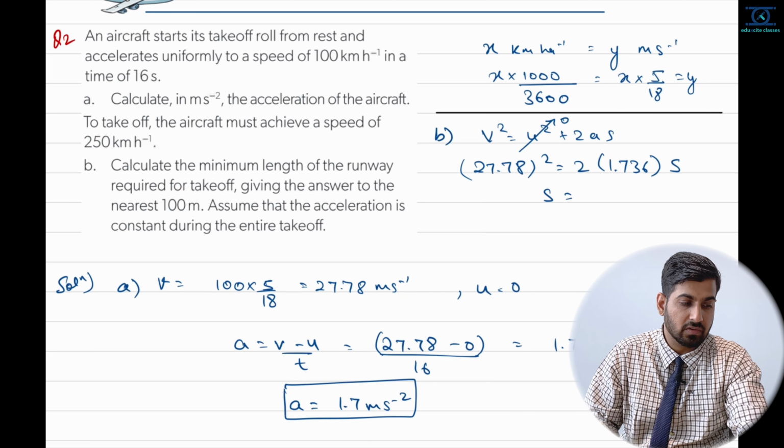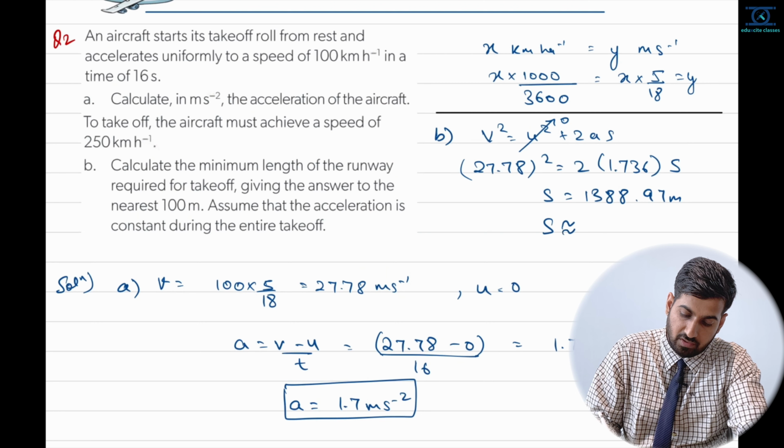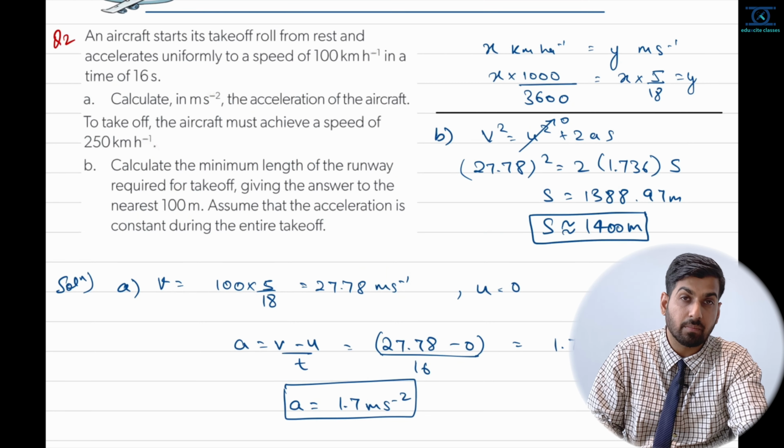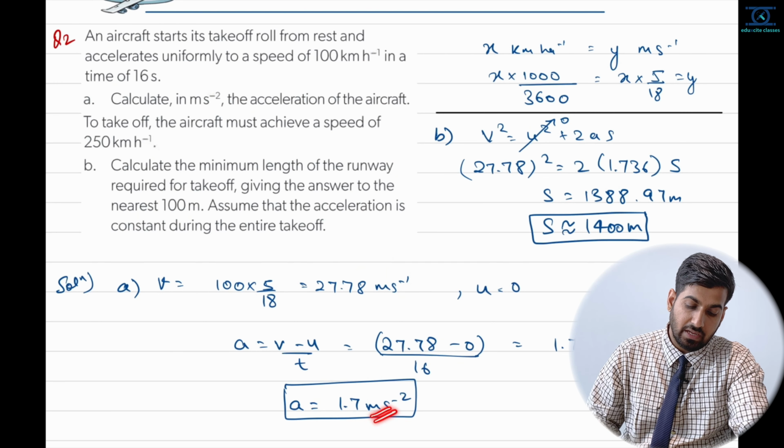If you calculate for this s, you will get 1388.97 meter. So s can be rounded off to the nearest 100 meter, which is 1400 meter, which should be the minimum length of the runway to achieve the velocity using the given acceleration.